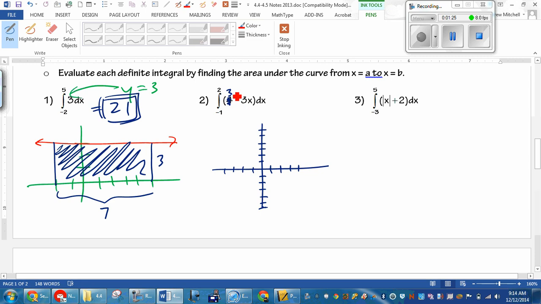So our y-intercept is positive 3. Slope is -3, so we're going down 3 over 1, down 3 over 1. And we can even backtrack from our y-intercept, go up 3 to the left 1.